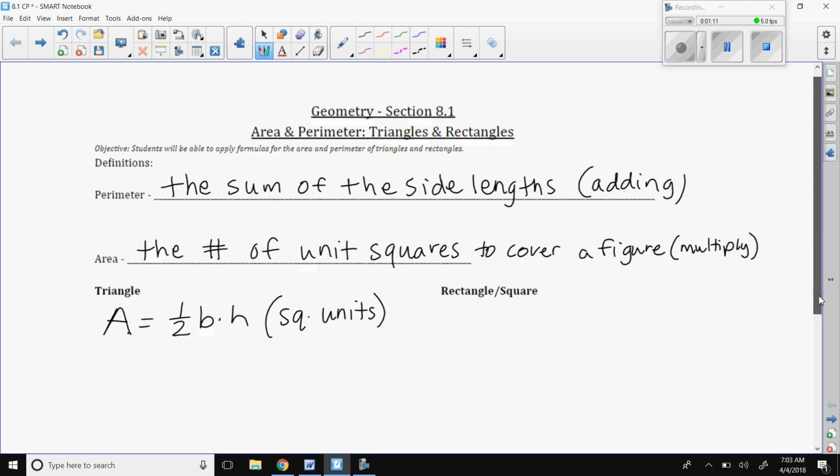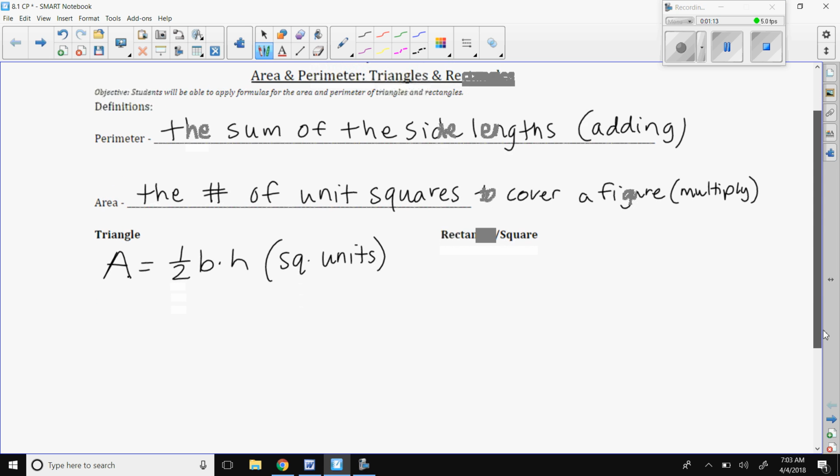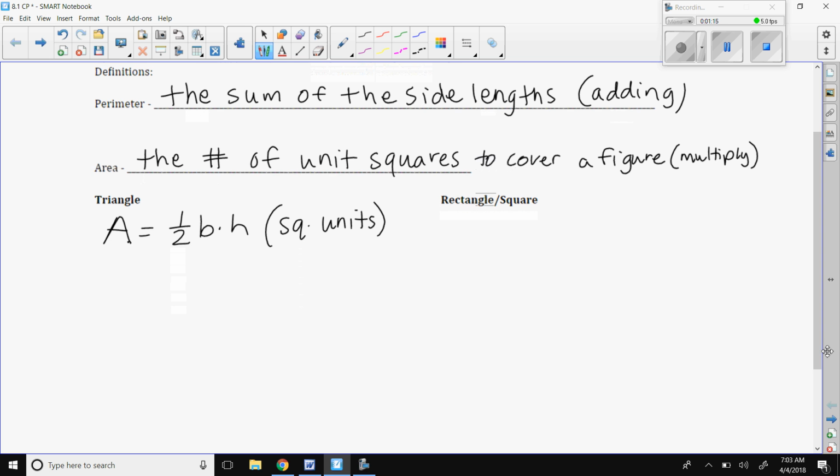So we're talking about a triangle, and I'll show two different triangles here. You have a right triangle. You're going to have a base and a height, okay? Not the hypotenuse.